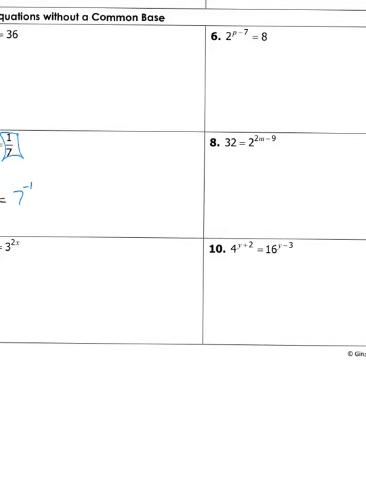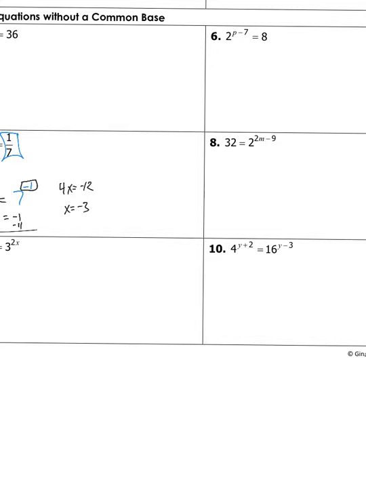Real quick before we keep going though, again, what you're looking to do is have the same base. Once you have the same base, you can get rid of the bases and you just have the exponents set equal to each other. So if I keep going, I get 4x equals -12, x equals -3.